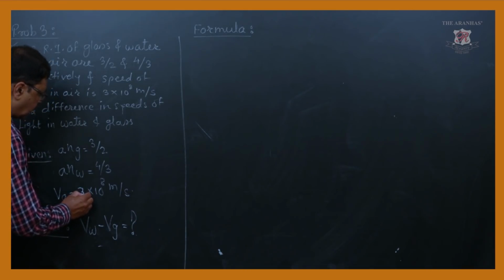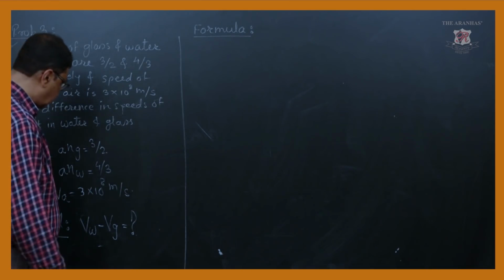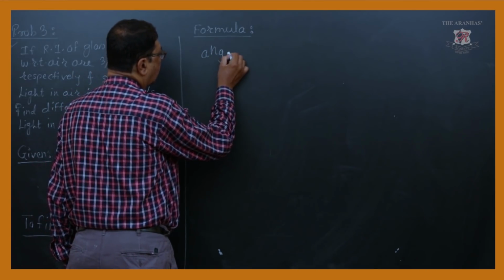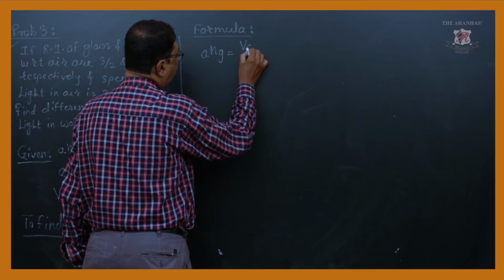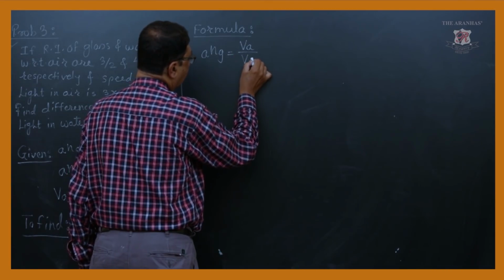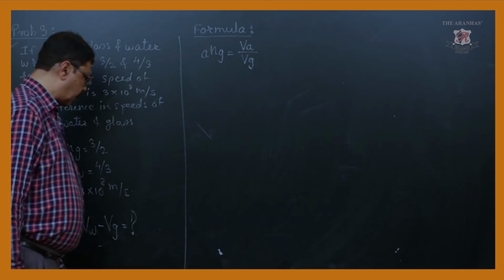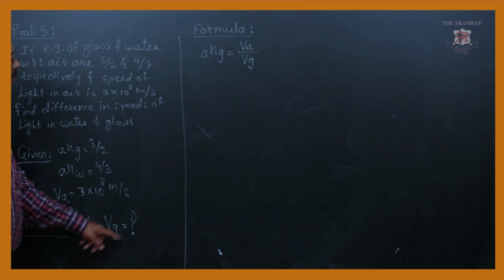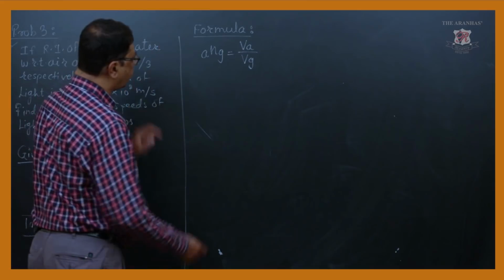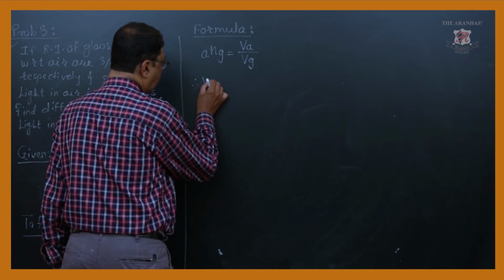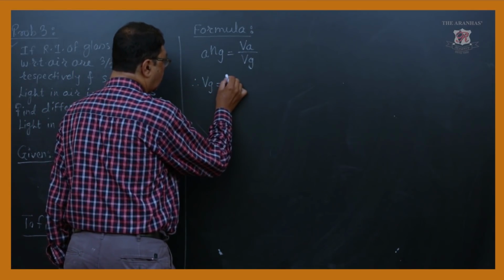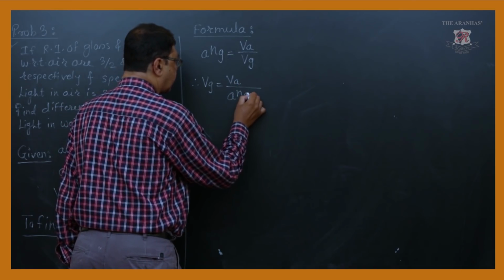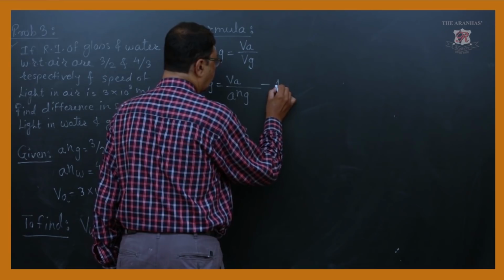So I am using this data. What is refractive index of glass? VA upon VG. What I want to find out, check, VW minus VG, means I want VG, shift this VG on the left hand side, therefore VG equal to VA upon ANG. This is my equation number 1.